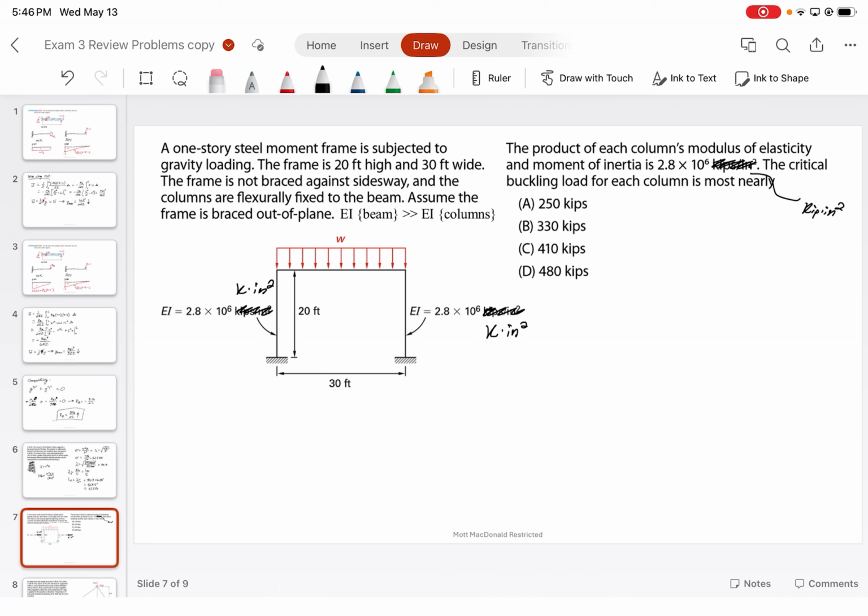Yeah, or, I mean, negative 10. I will tell you, the EI for the beam is significantly larger, and it's treated as basically a fixed end. But here's the thing: is it braced against side sway? It's not. Right, so draw how the structure would deform.